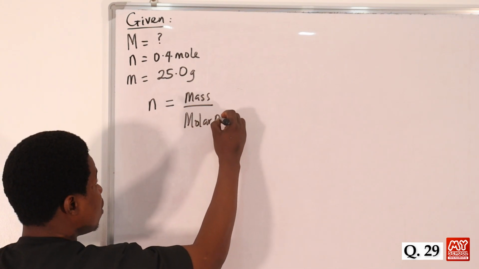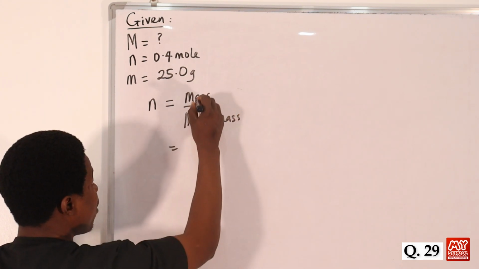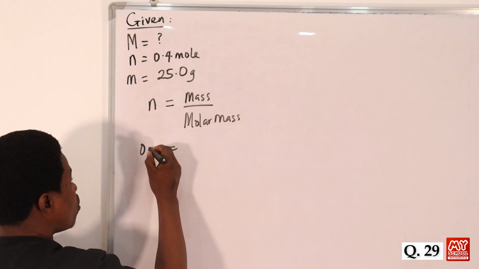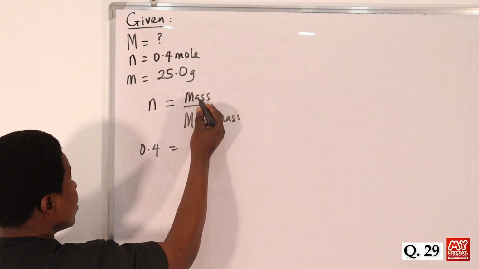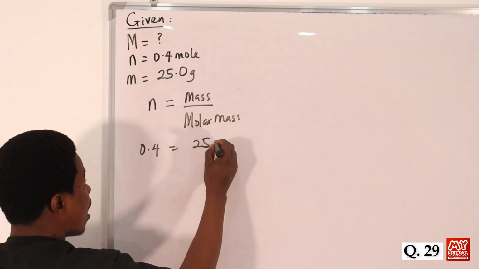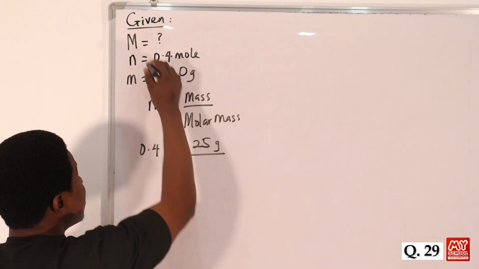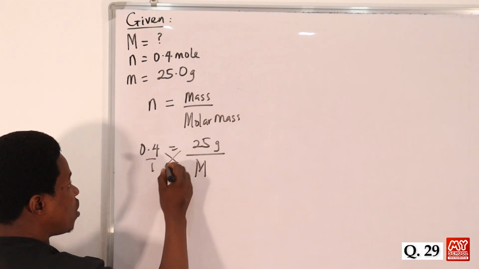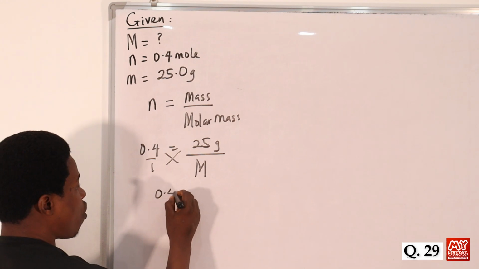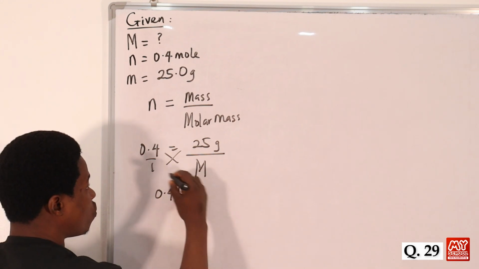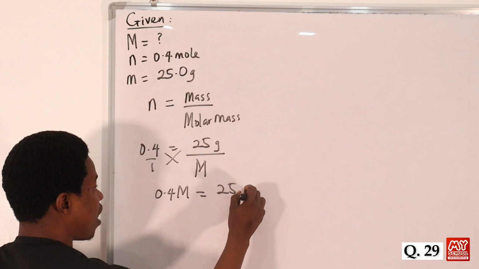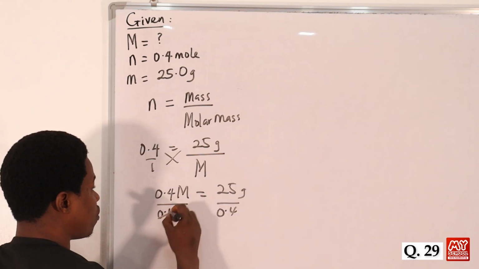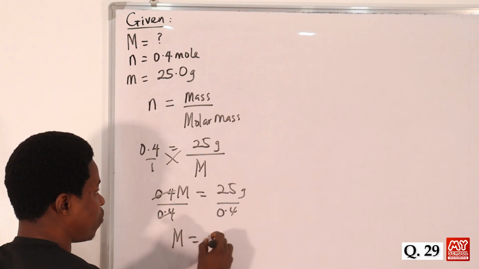So 0.4 equals 25 gram over molar mass, which is what we intend to get. Make this over 1 and cross multiply, we have 0.4 times M equal to 1 times 25, that is 25 grams. So we divide both sides by 0.4.